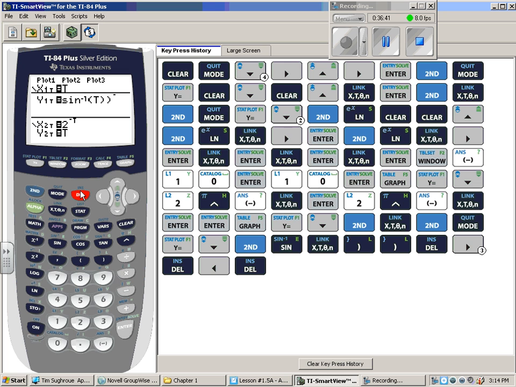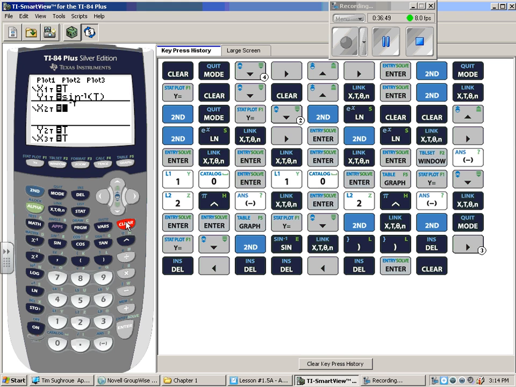Should have just cleared it first. There it is. Okay, here, I'm going to clear it. I'm going to type in inverse sine of t. I'm going to close it. The rest of it all stays the same because it's t, t, all the way down.